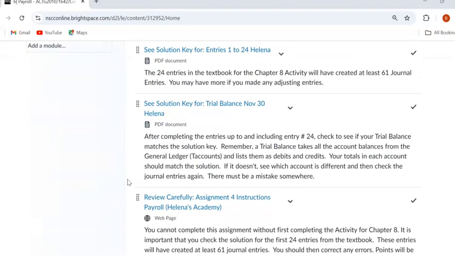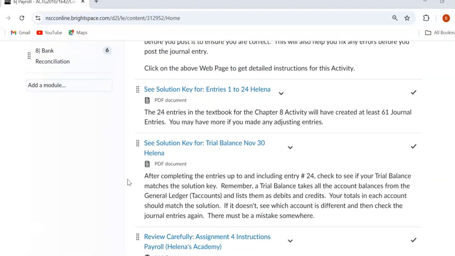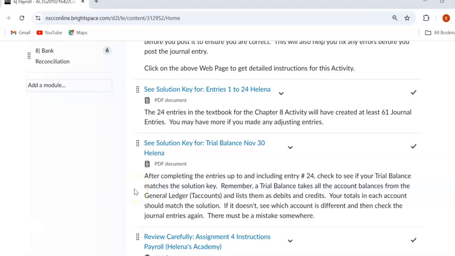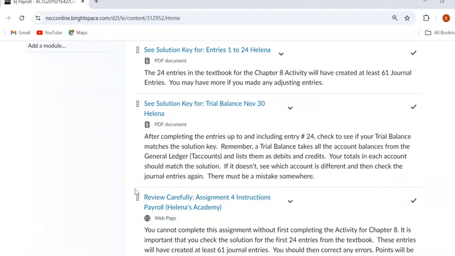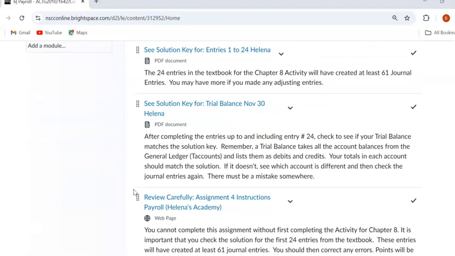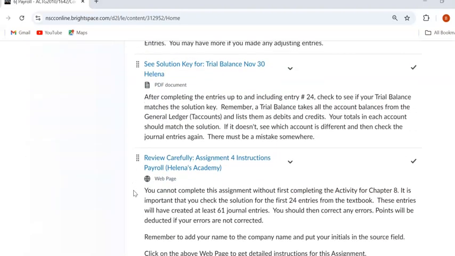Okay, so we all know that the solution key for the first bit, for the actual exercise, the activity is always there for you to check.